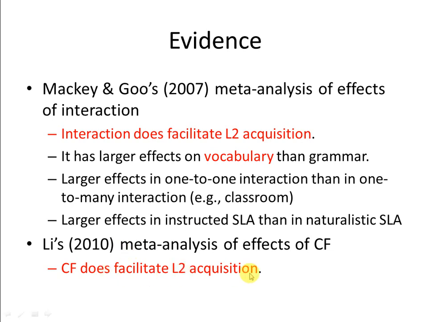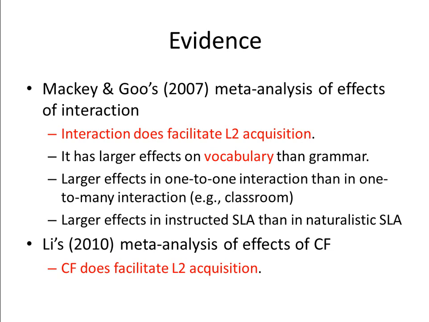Here. And this study also found many effects that are similar to these. So there is evidence that interaction helps second language acquisition, and also corrective feedback helps second language acquisition.